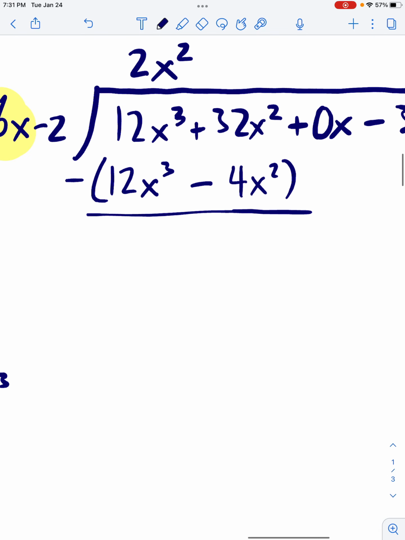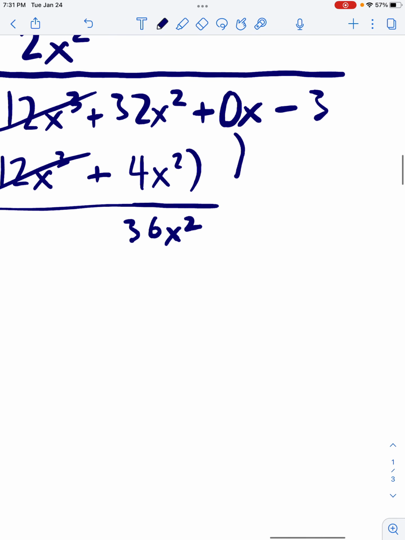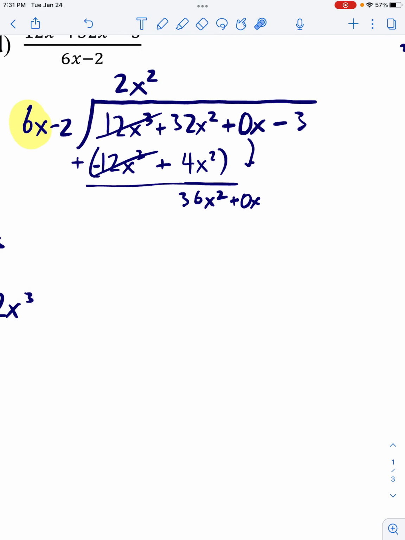Again, I can change this to a plus as long as I flip these two signs. 12x cubed plus minus 12x cubed, that just goes away. 32x squared plus 4x squared, that's 36x squared, okay? There we go, drop down my plus 0x. All right, and then begin again.